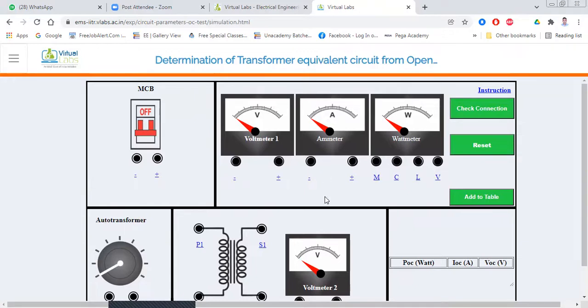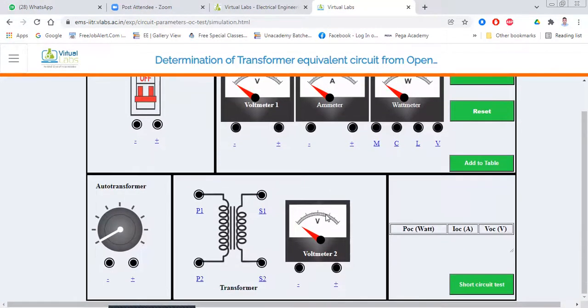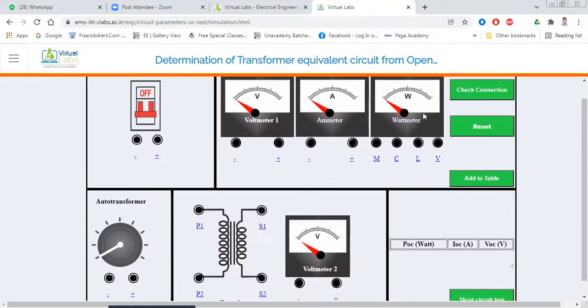No problem. One last time we just connect the circuit and check, because in the heading you can clearly see: determination of transformer equivalent circuit from open circuit test. So I think the short circuit test simulation is not here.